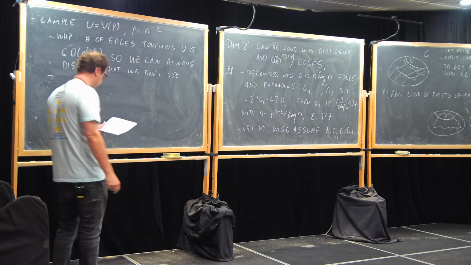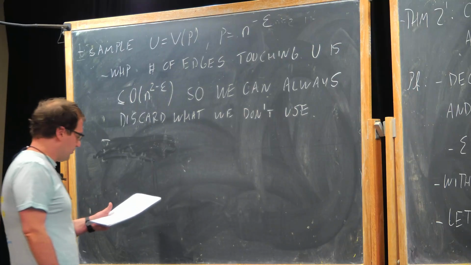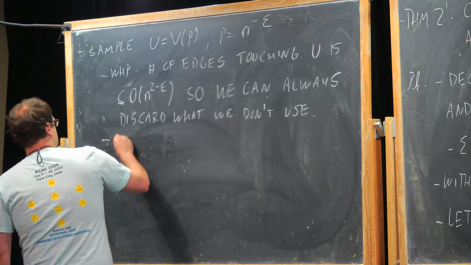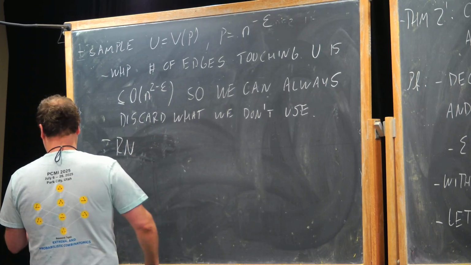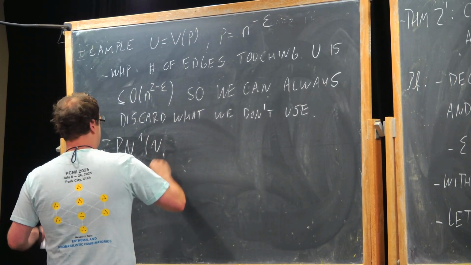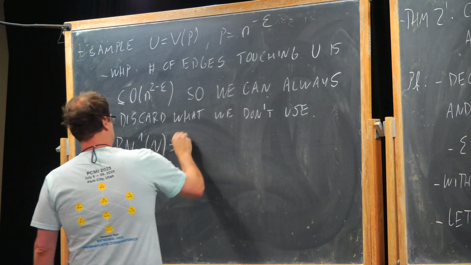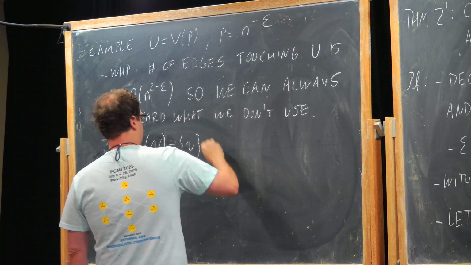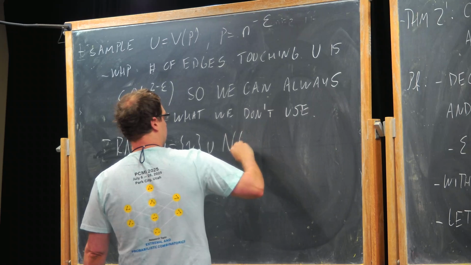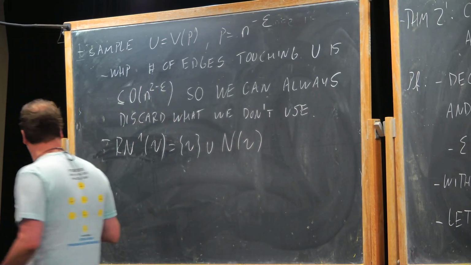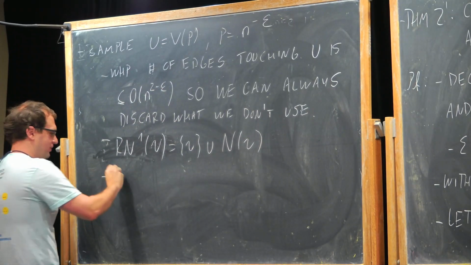You've seen the sprinkling already. So what is a robust neighborhood? A robust neighborhood of radius 1 around v is just v together with the neighborhood of v. Okay, nothing terribly intelligent happened.